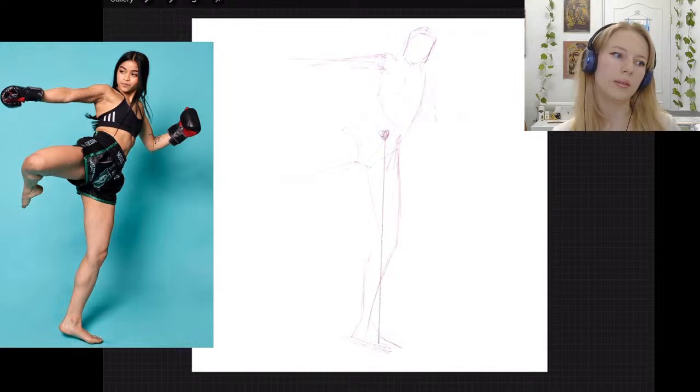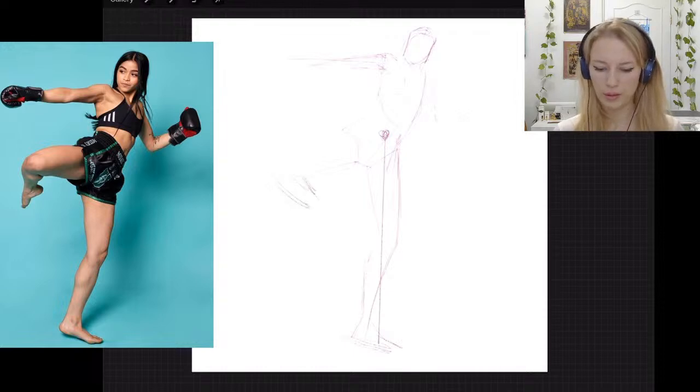Of course there are really extreme dynamic poses that can actually be falling, like people falling and stuff, but usually if it's a pose where a person is standing at least on one leg or on two, we have to find this point of gravity, the weight, because basically our bodies work within this gravity system.